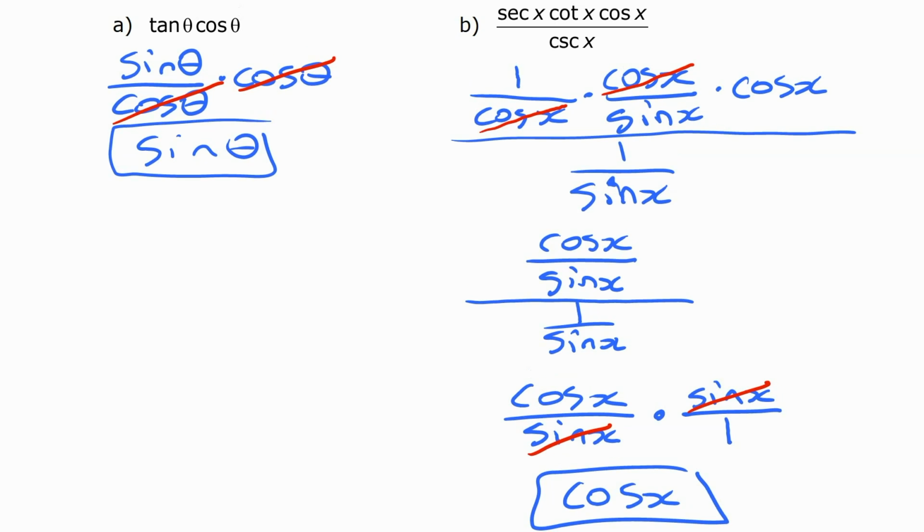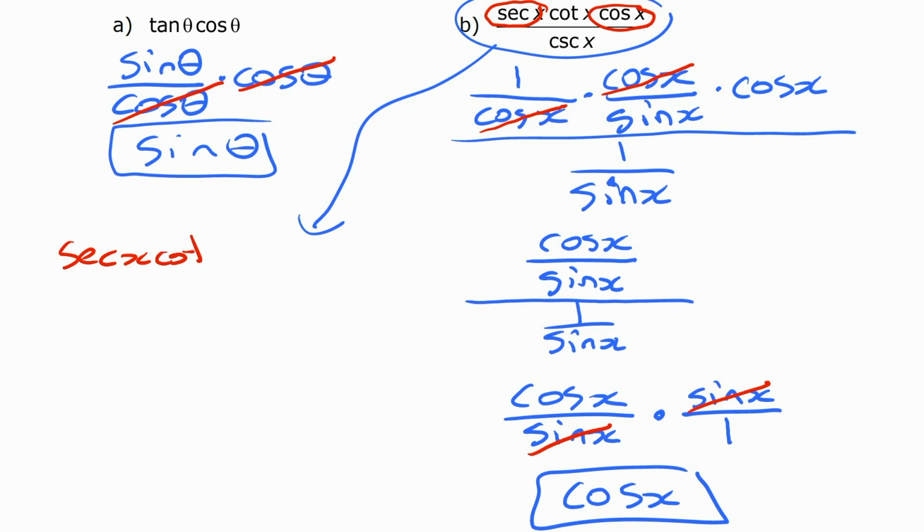You're going to find different strategies that people use to do these things depending on what you happen to notice here. I'm going to take this original thing and I'm going to work down here. And what you might see is that you have secant and cosine on the top there. So the fact that you have secant x and cosine x on the top there, if you recognize these are reciprocals of each other, and you may well know that reciprocals multiply to 1.